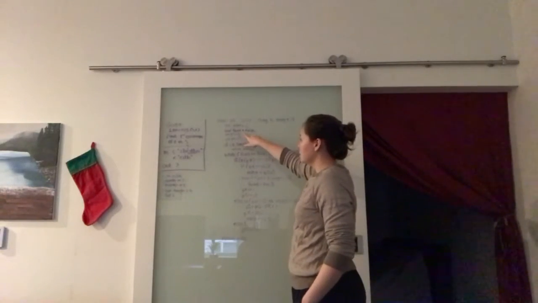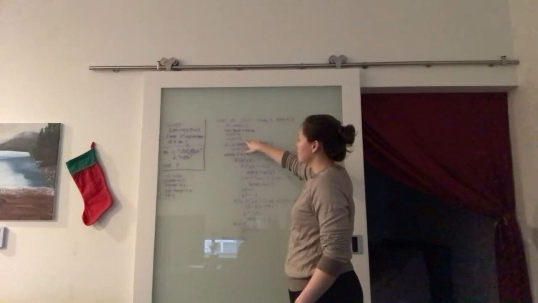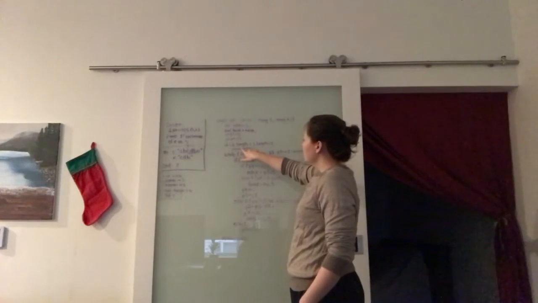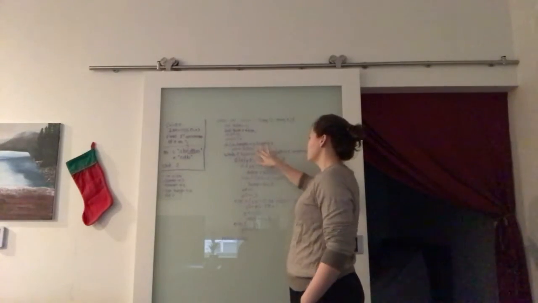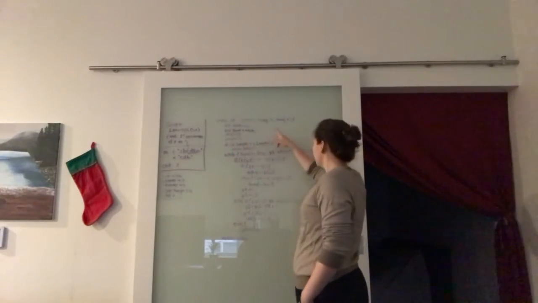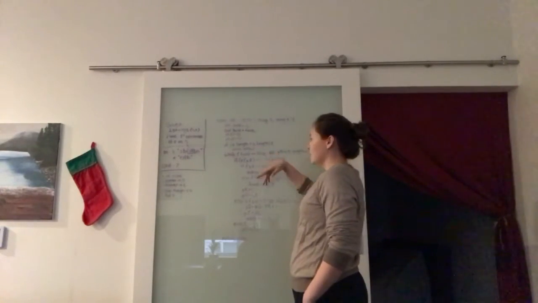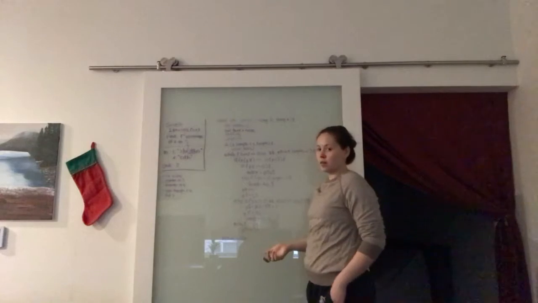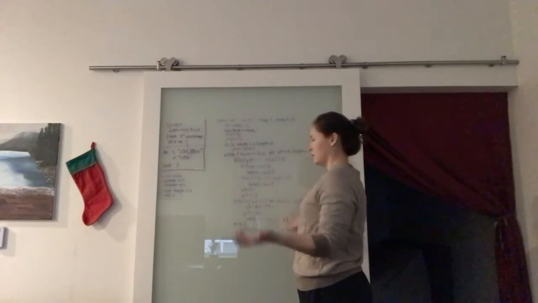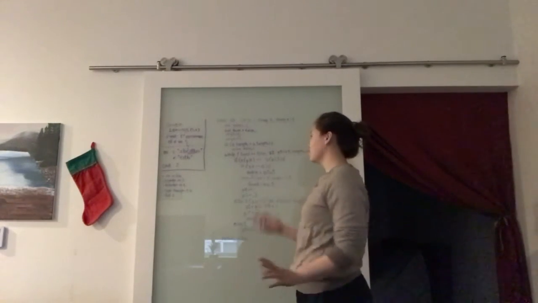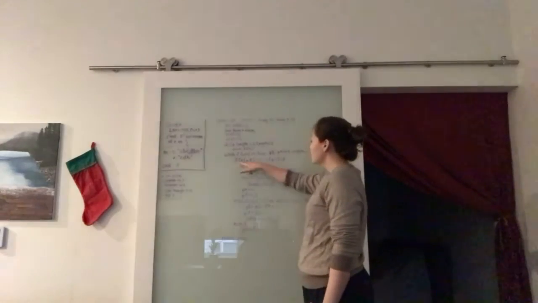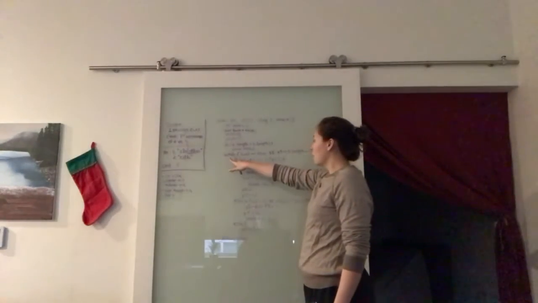Initialize the pointers s and x to 0. And then this is just if string x is larger than string s, then we're going to return -1 right away, because obviously x can't be in s if x is larger than s. Now we go into our while loop.